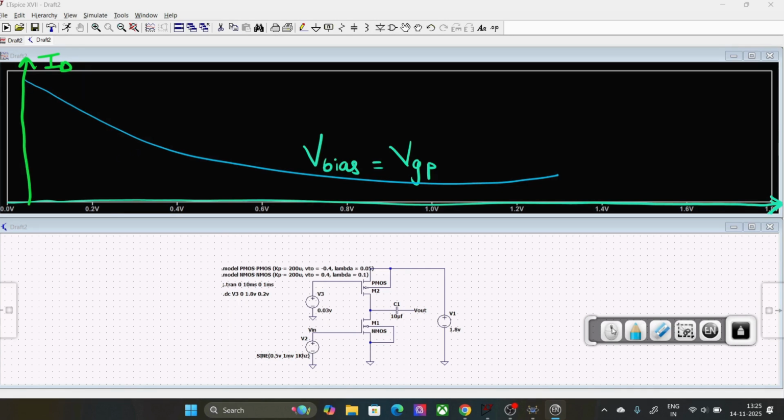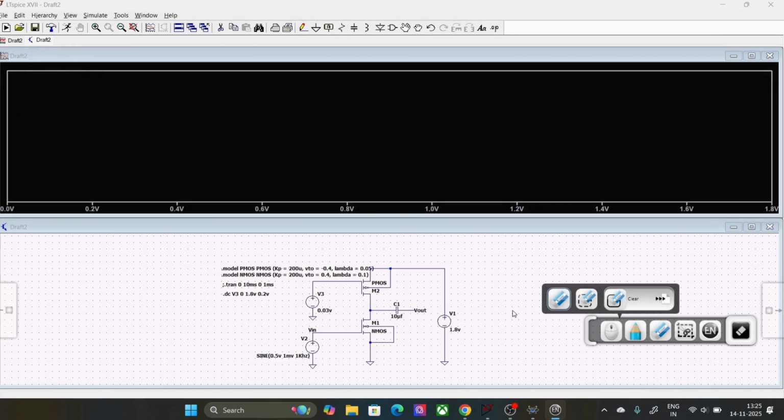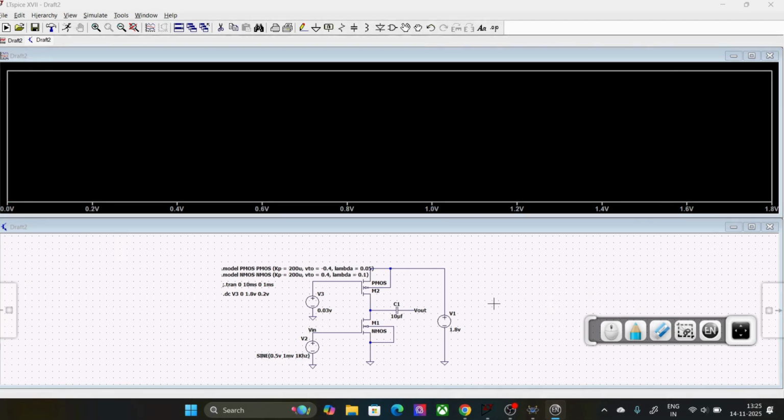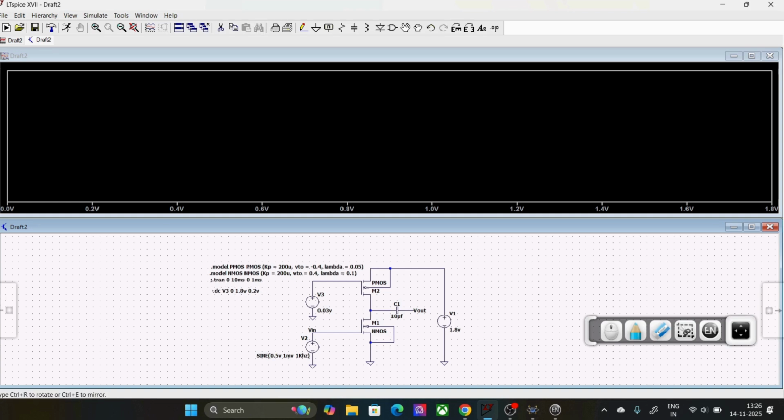Let's verify it practically. Let me erase everything. Okay, so let me plot the graph for ID now. For that, let me move this .model statement somewhere over here so that it is properly visible to you all. Now I'll hover my mouse over the MOSFET.